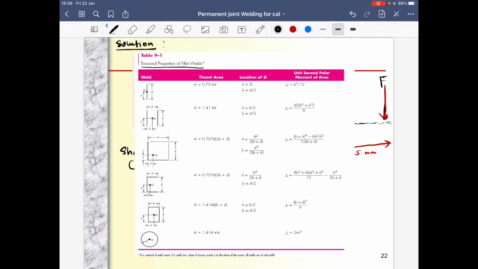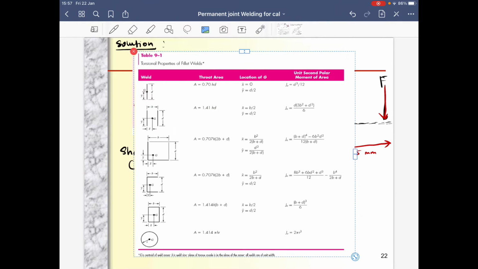So which properties should we use? You look at the weld. The black line is the weld, and this one is the weld. From the properties, class 1, which class is related to our diagram or our problem? Yeah, this one, number 2.